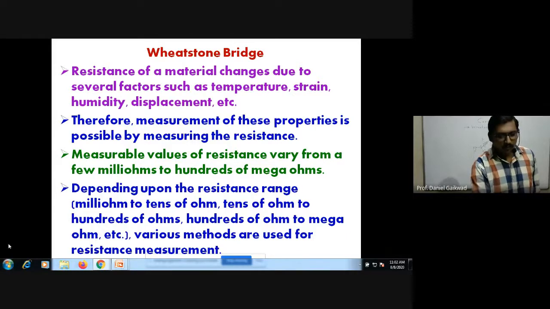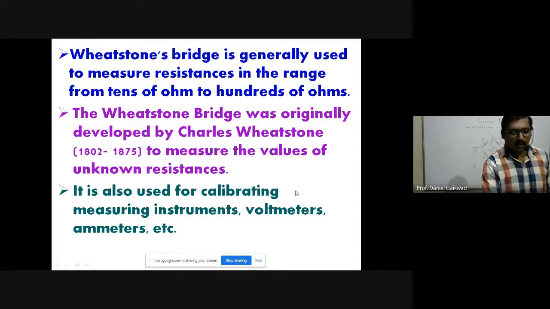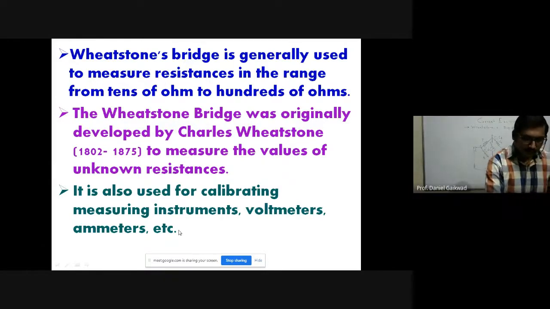Now, we use the Wheatstone bridge, which is generally used to measure resistance in a range from tens of ohm to hundreds of ohms. It was originally developed by Charles Wheatstone, 1802 to 1875, to measure values of unknown resistance. It is also used for calibrating measuring instruments, for example voltmeter, ammeter, etc.